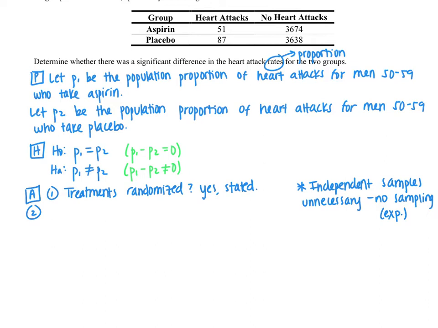Approximately normal sampling distributions. How do we check that for proportion? Yeah, n times p. So there's two ways you can write this.